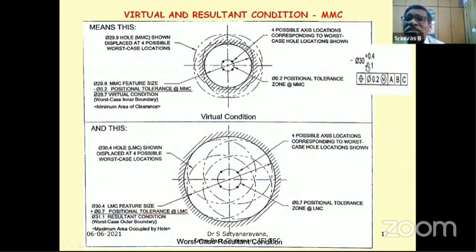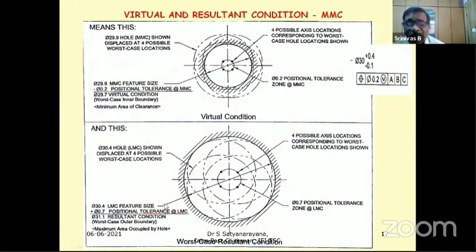See, I am telling you, sir, geometric tolerance is 0.2. Given bonus tolerance is 0.5, total position tolerance would be 0.7. Already LMC is 30.4. 30.4 plus 0.7, 31.1. Is this understandable, sir?